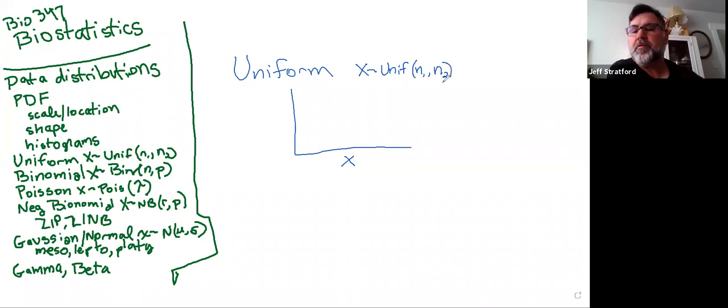The shape of a uniform distribution is always the same. It's what we call a flat distribution. The simplest one would be the distribution of outcomes if you look at getting heads versus tails, 50-50. And so what you need is 1 would be the beginning and 2 would be the end.